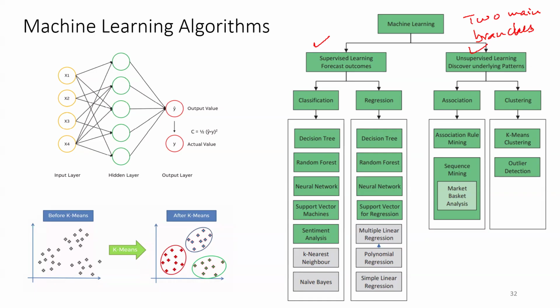In supervised learning, we already have labeled data and examples, for example where we know if the machine is working normally or abnormally. Then we have algorithms like decision tree, random forest, neural networks, and SVM, support vector machines, commonly used in IIoT for fault classification and remaining life predictions.